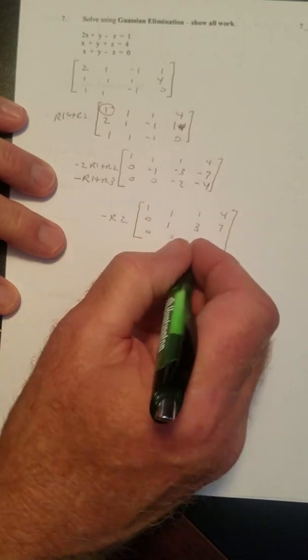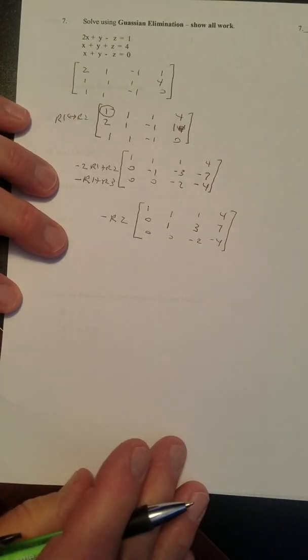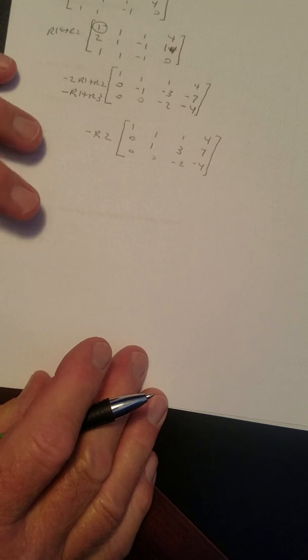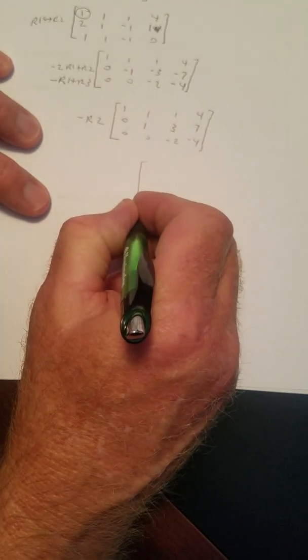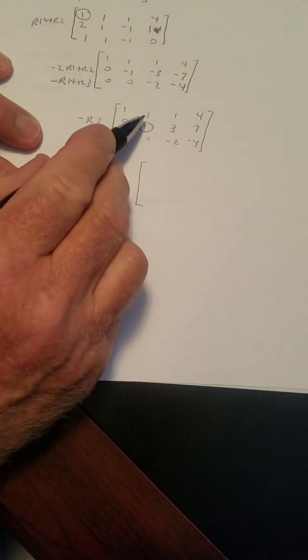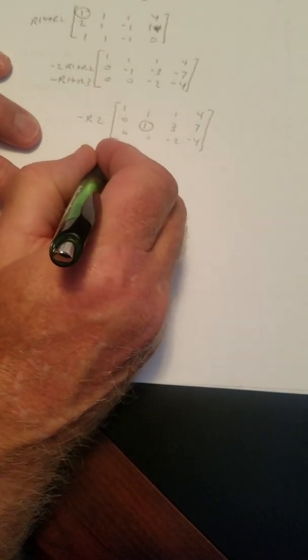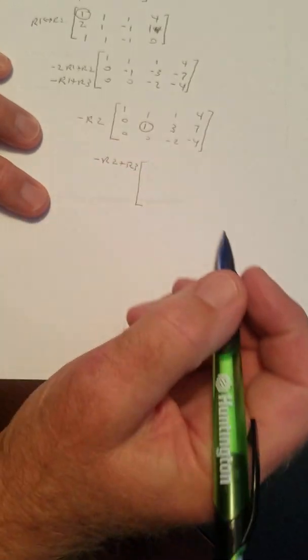Bottom row stays the same. Now that became my pivot. I should have circled it.